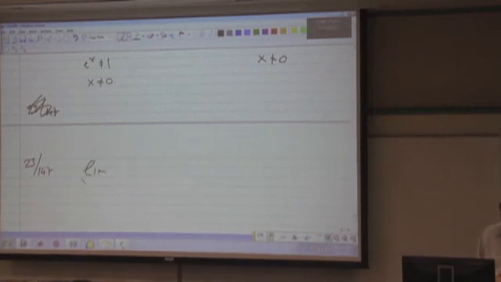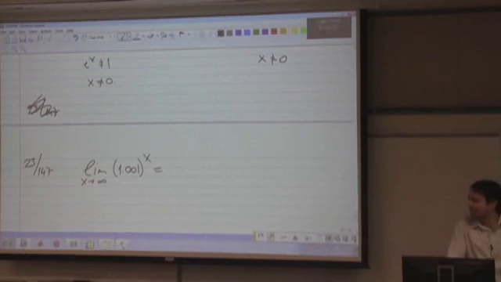The limit as x goes to infinity of 1.001 to the x power. This is a question. What is the limit as x goes to infinity of 1.001 to the x power?